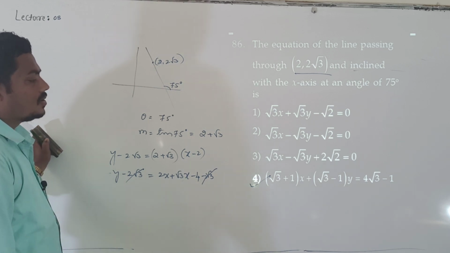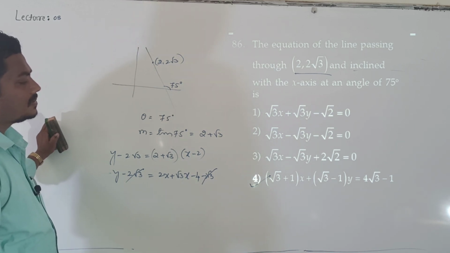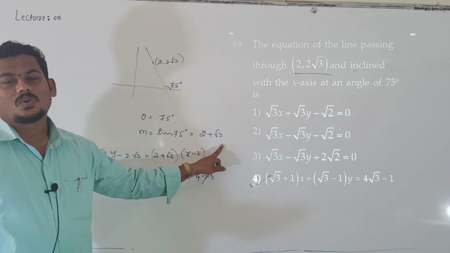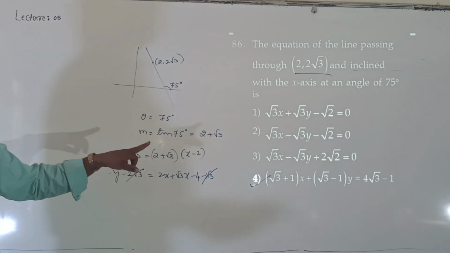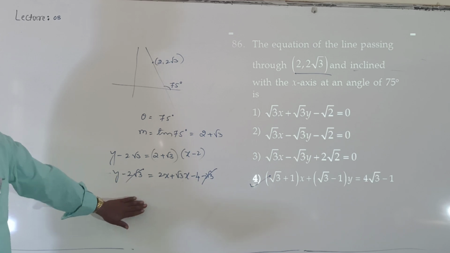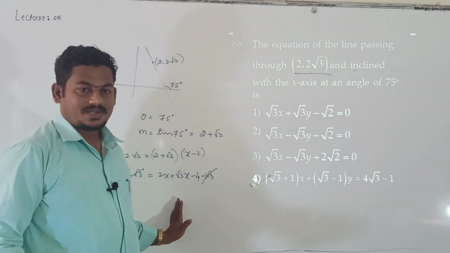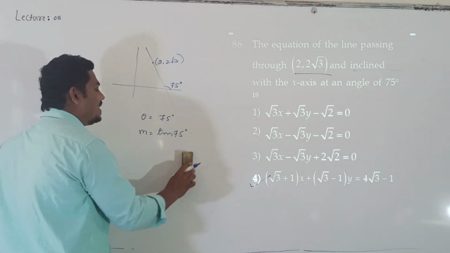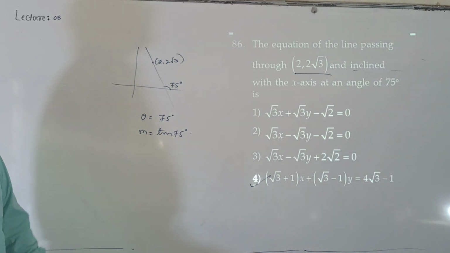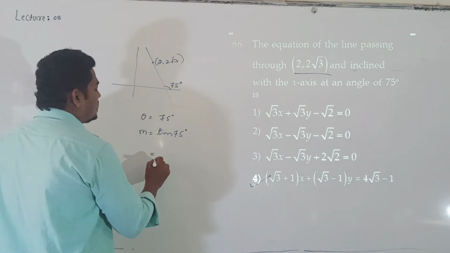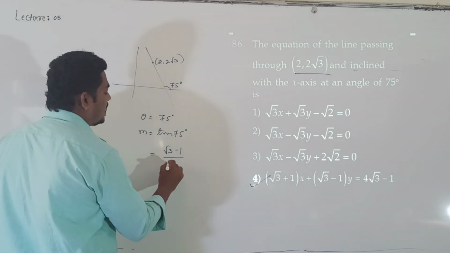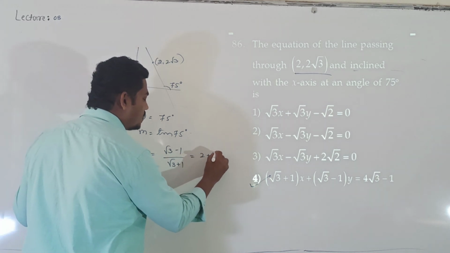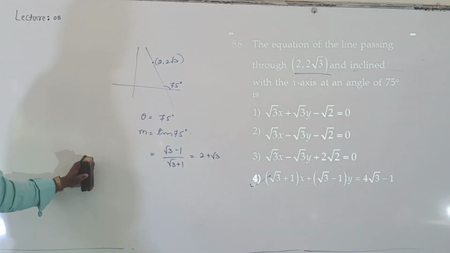Sorry, instead of taking 2 plus root 3, just take tan 75. This is also correct only, but in the options it is not given. For that, just consider the slope in another form. I will take it in terms of root 3 plus 1 divided by root 3 minus 1. This is equivalent to 2 plus root 3 only. Both are one and the same.